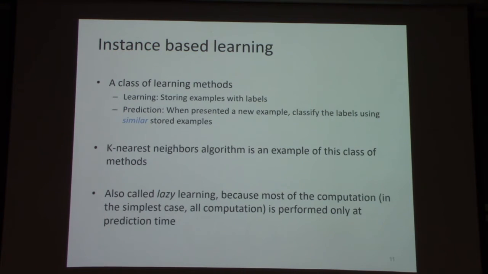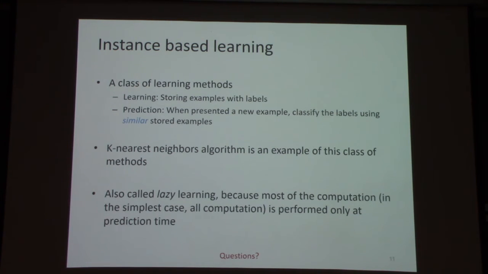Some people also call it lazy learning because you don't have to do any computation upfront. All the computation happens at prediction time. Of course, if you want to be efficient, you might want to index your data cleverly so that this lookup becomes easy, but if you don't feel like doing that, you don't have to. It will be slow, but sure.